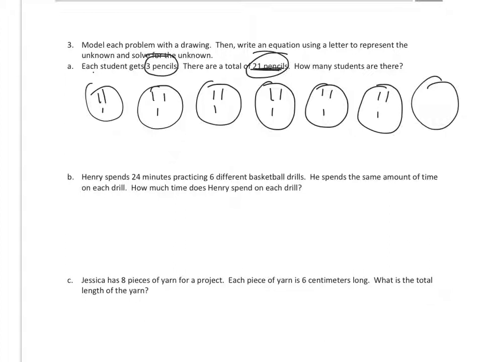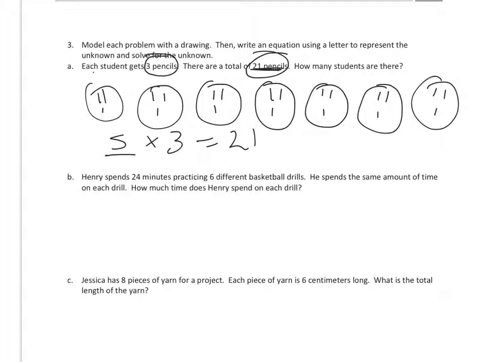Another student, 19, 20, 21. So we could say blank, or we're going to put a letter in there, S for students, times 3 equals 21.